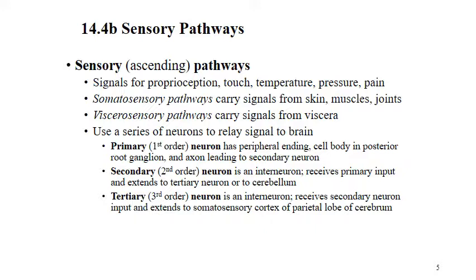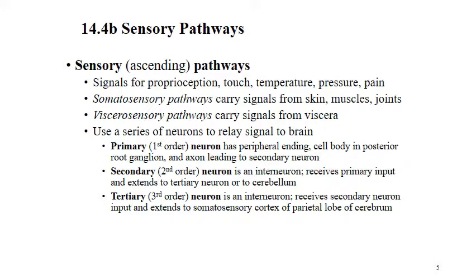Remember that somatic portion is all about those things that we can kind of control and are very physical: skin, muscle, joints, movement stuff. The viscerosensory pathways, remember viscera has to do with organs, so this is going to be carrying signals from things like our heart and our blood vessels and our intestines.